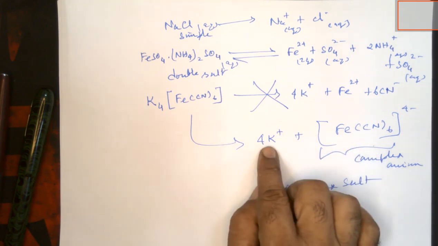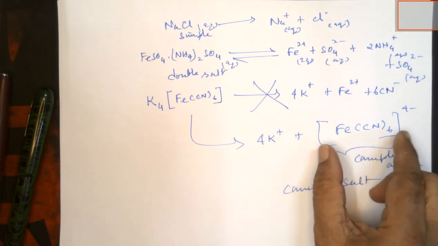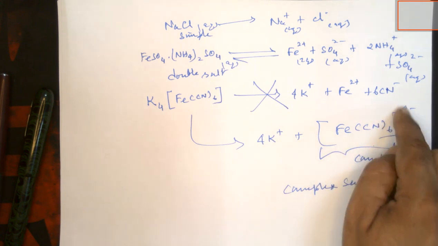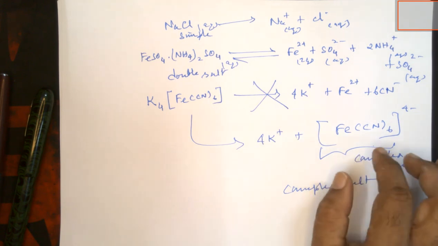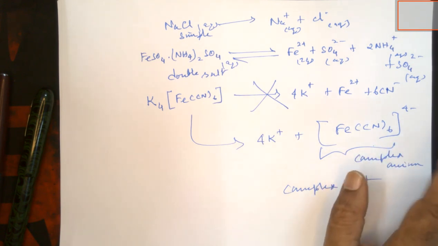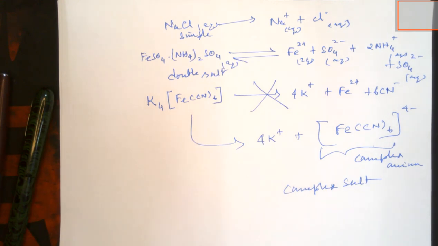One valency is easily ionizable, but the other one, which is kept inside the square bracket, is called the coordination sphere, and this is not ionizable. So this coordination compound involves two types of valency: one is called ionizable valency, another is non-ionizable valency.